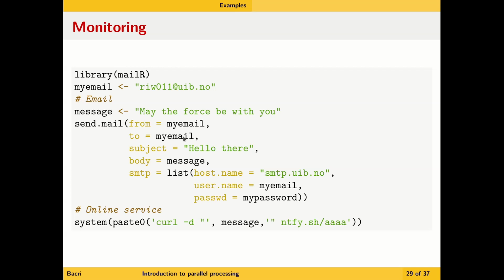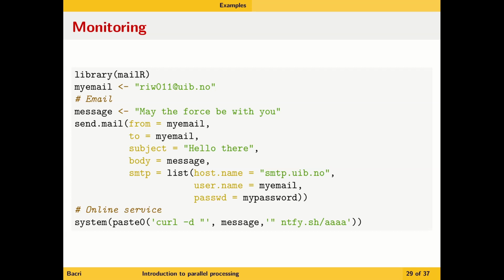You send it. Here I send it from myself to myself with some subject, and then specify the host name, smtp.uib.no, my username, and my password. Then I get an email. So you can use that code inside the loop, for example, every 10% that the program does, or some other way of monitoring.